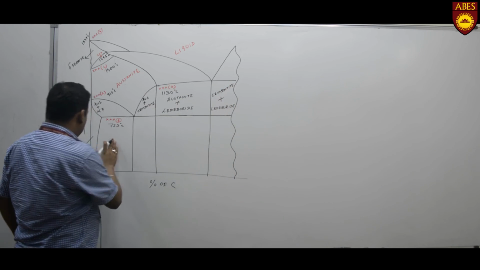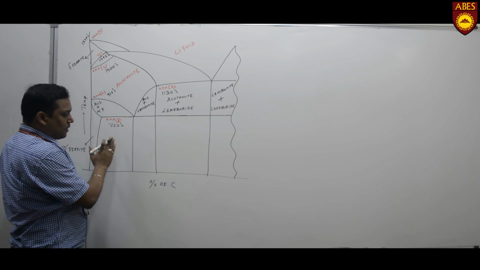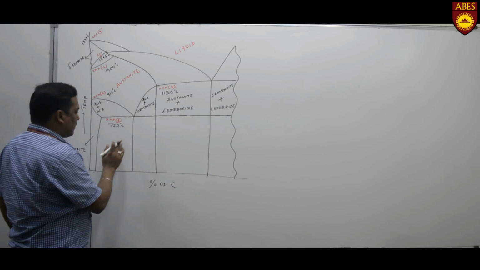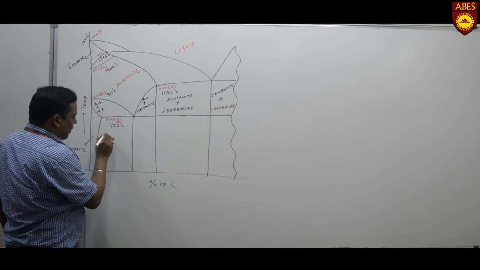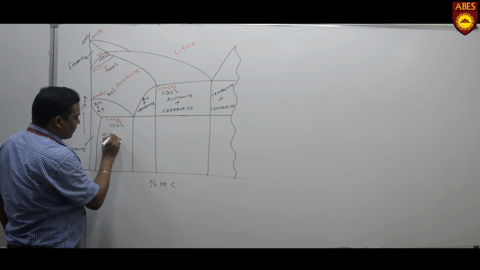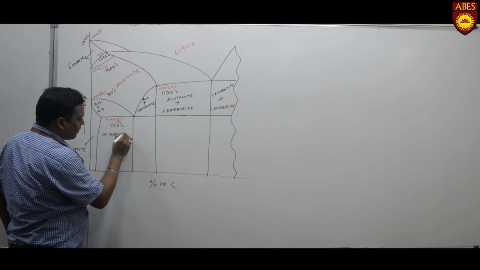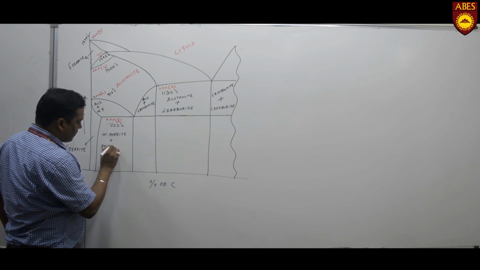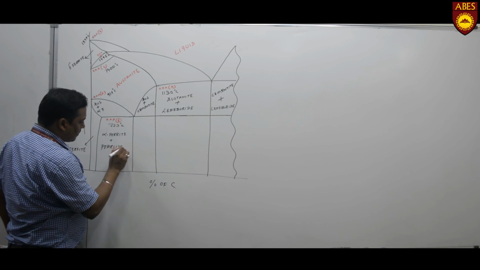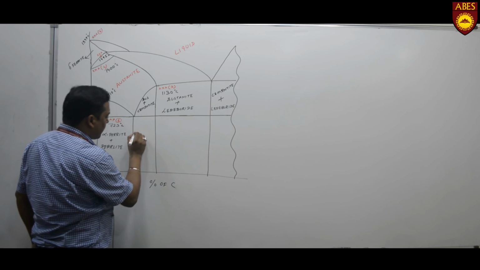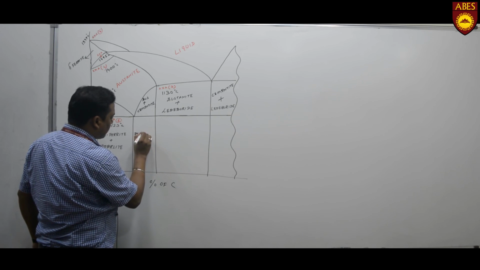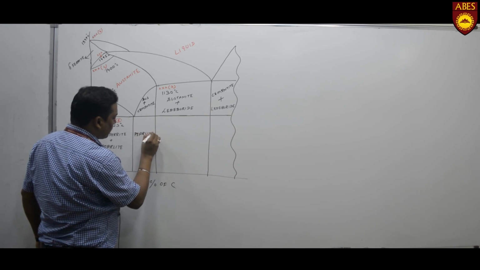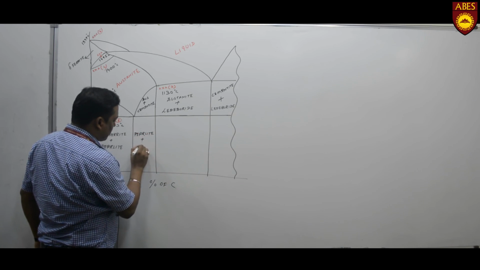This section is alpha ferrite and it is transformed into pearlite. So we can say alpha ferrite plus pearlite. Next is pearlite plus cementite.